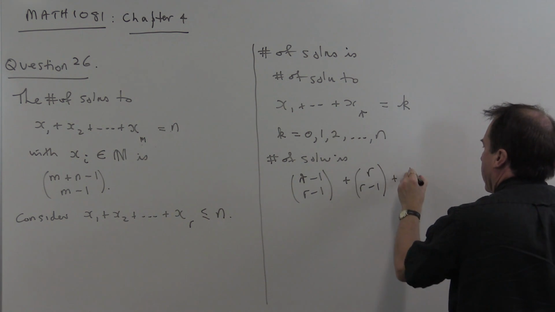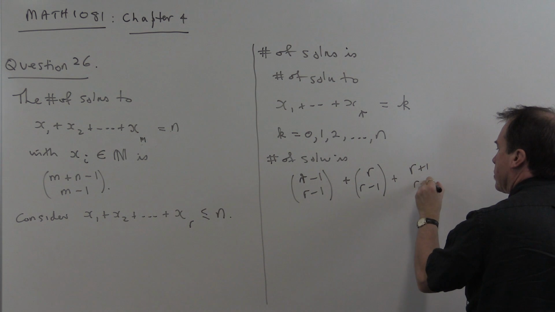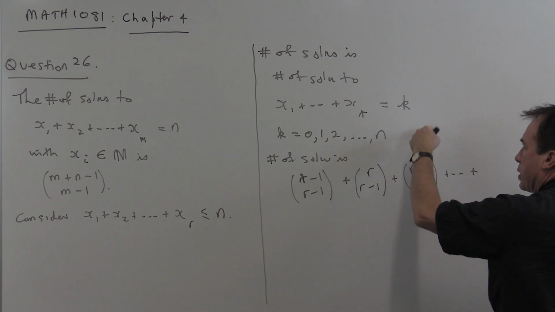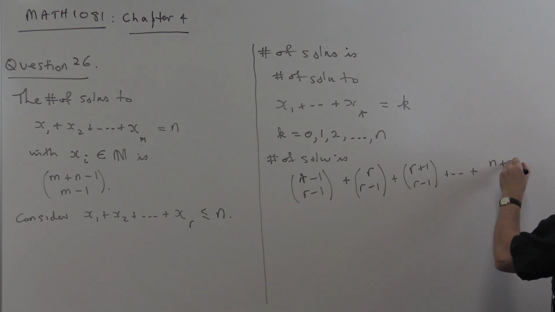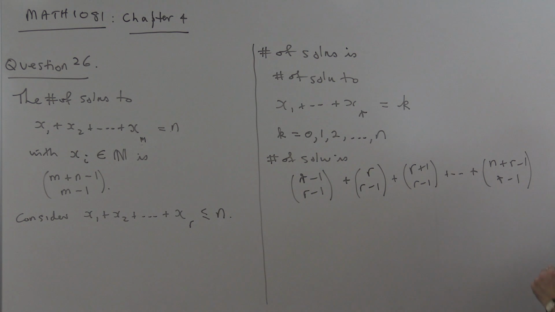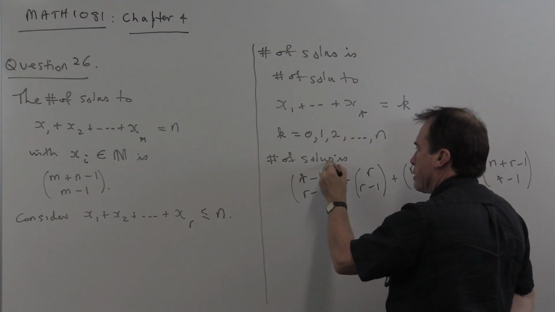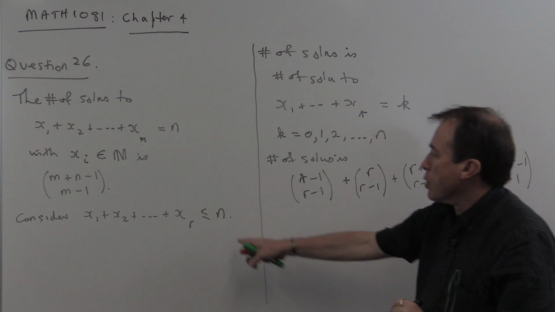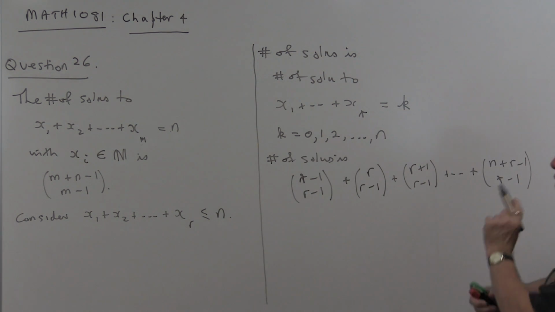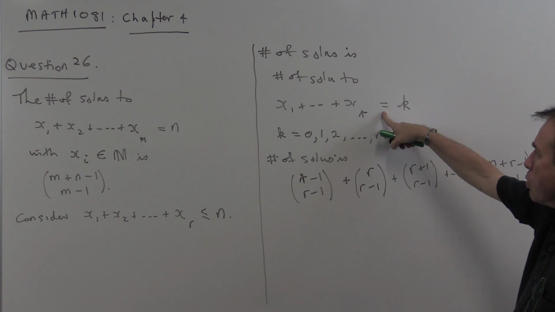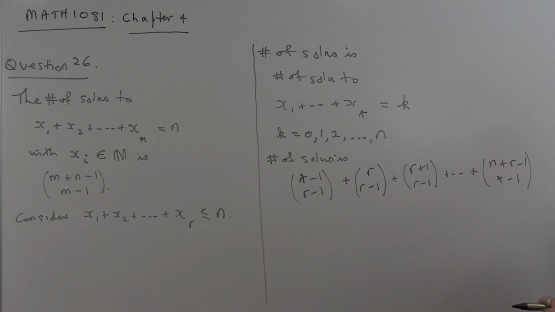Then I will get r plus 1, choose r minus 1, plus all the way up to, when I eventually get to n here, n plus r minus 1, choose r minus 1. So that's the number of solutions using this bare hands approach of simply replacing n with all the numbers from 0 up to n and replacing the less than or equal to with an equal sign.